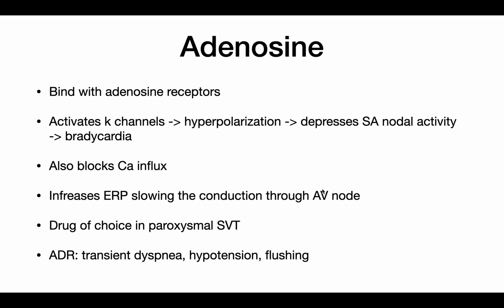So it's going to allow longer contractions and longer relaxation. So that's why it's the drug of choice in paroxysmal supraventricular tachycardia. The adverse drug reactions aren't too bad. We can deal with flushing, we can deal with hypotension, and we can deal with transient dyspnea.